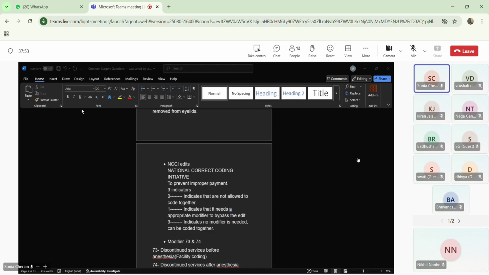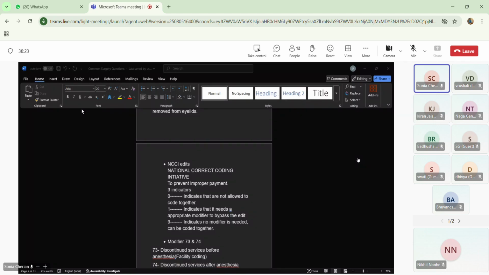If it shows 1, you can use an appropriate modifier to bypass the edit, for example XU modifier, 59 modifier, or laterality, right or left. If it shows 9, you can code both CPTs together. There is no problem, and you don't need any modifier to bypass anything.